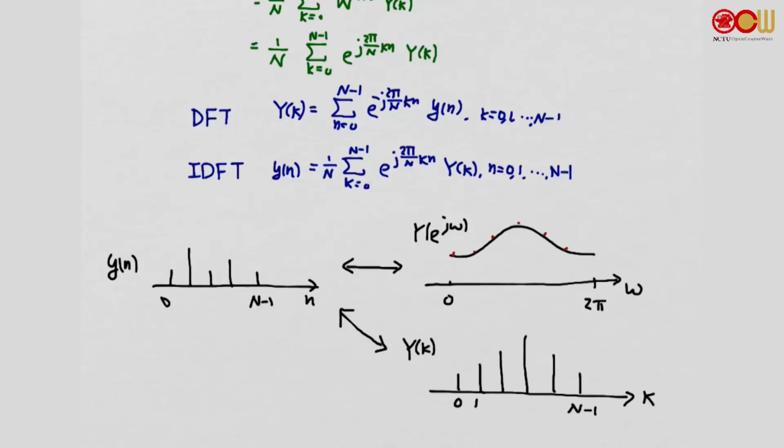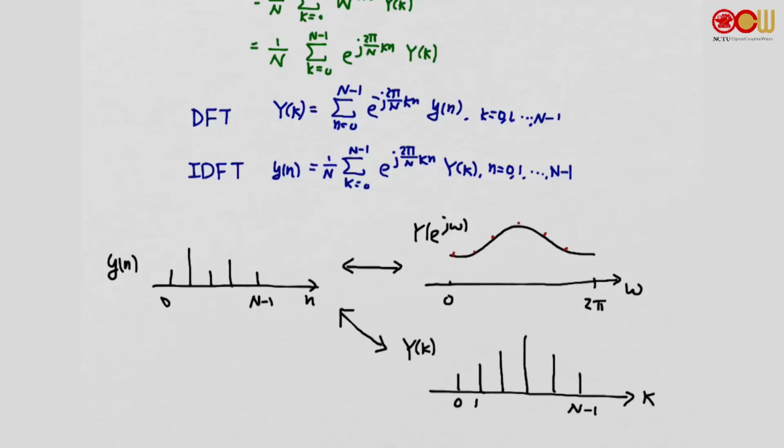We know from the time domain sequence we get the discrete time Fourier transform, which is a function of a continuous variable omega. From the function for every omega, we can get back the time domain sequence.